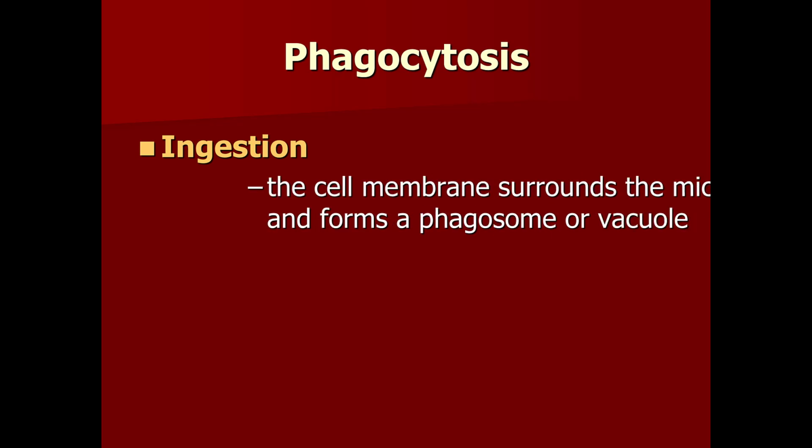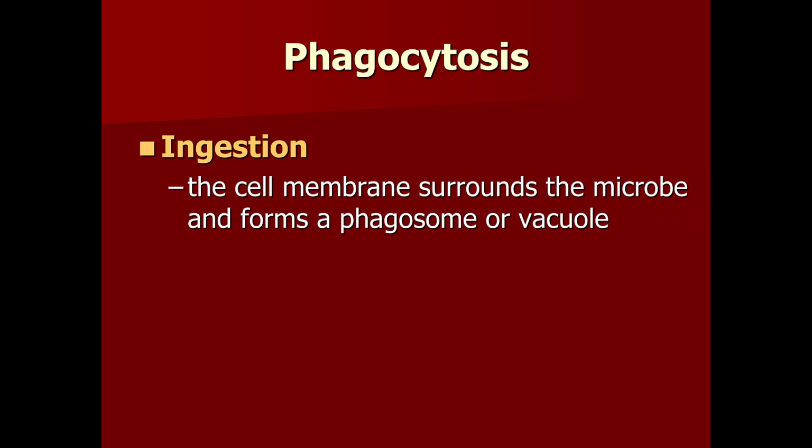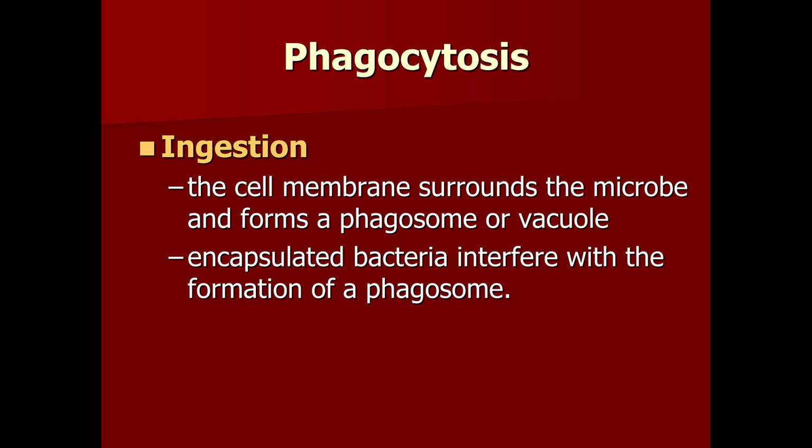Now, if the organism is ingested, then the cell membrane that surrounds the microbe forms what we call a phagosome, or some kind of a food vacuole. And then encapsulated bacteria sometimes can interfere with the formation of a phagosome, such as pneumococci, which we talked about.